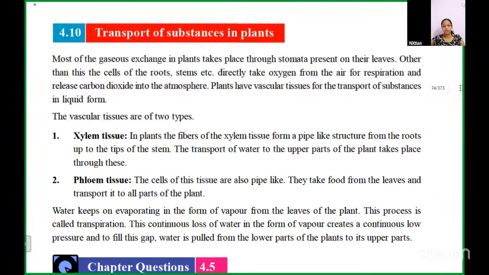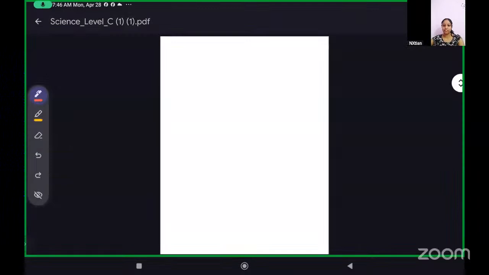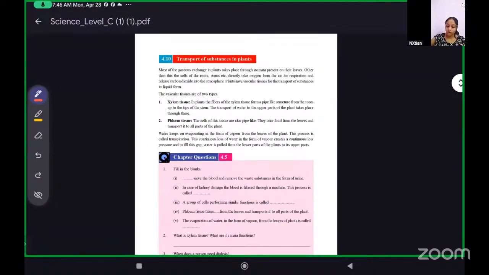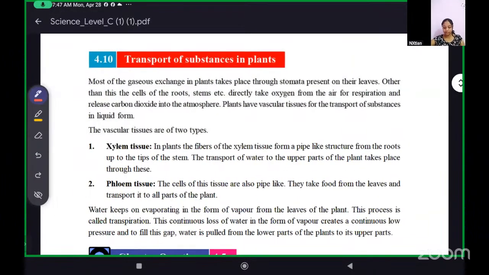Yes, we will talk about transportation of substances in plants. Okay. Now, what does this line mean? The transport of substances in plants. Plants are also living organisms. They need food and water to survive.